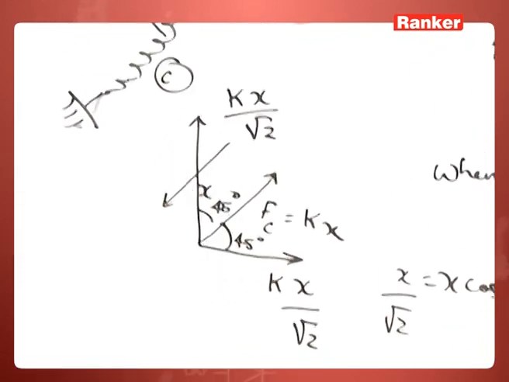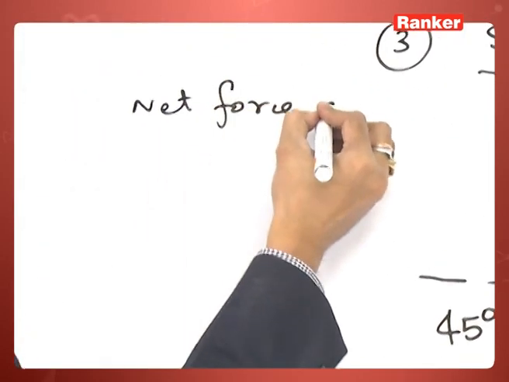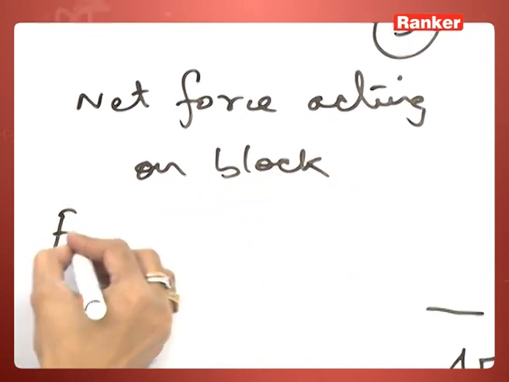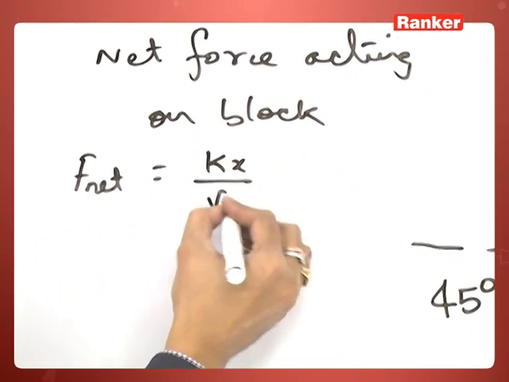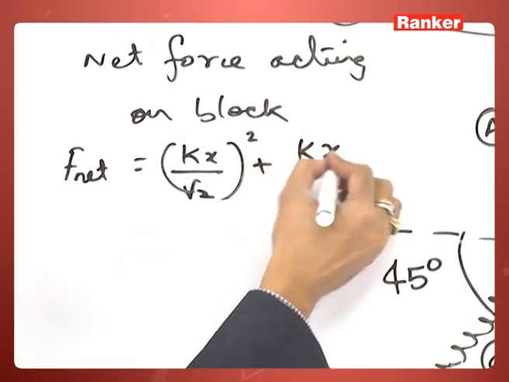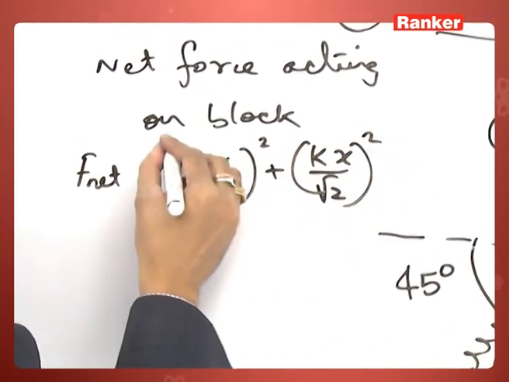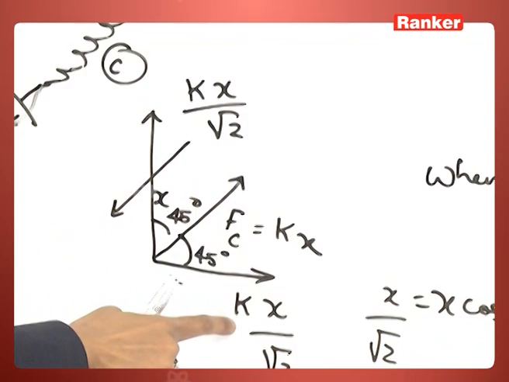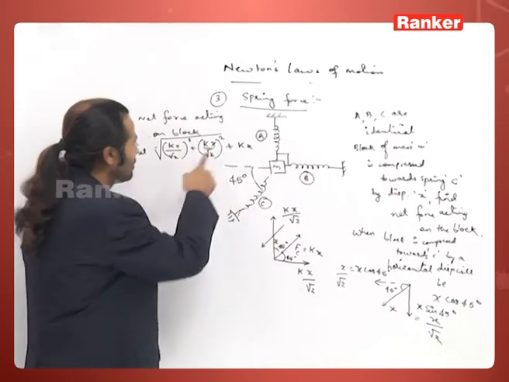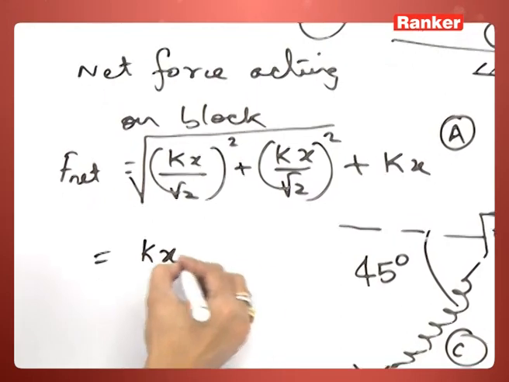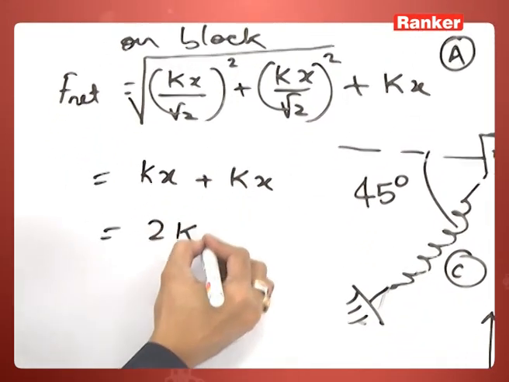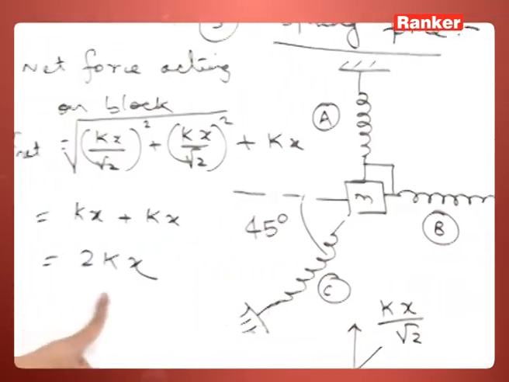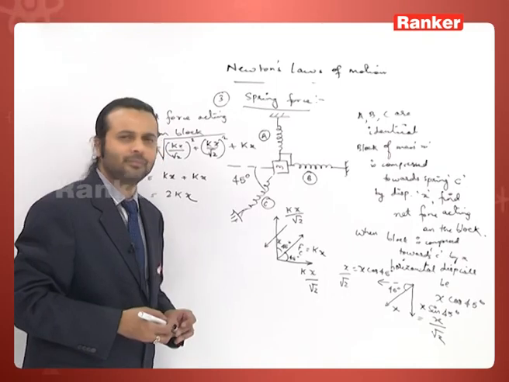So I can write the net force acting on the block is the square root of (kx by root 2) whole squared plus (kx by root 2) whole squared, plus kx, because the net force due to kx by root 2 and kx by root 2 will be along kx. So this total will be kx plus kx, which is 2kx. So the net force acting on the block will be 2k into x.